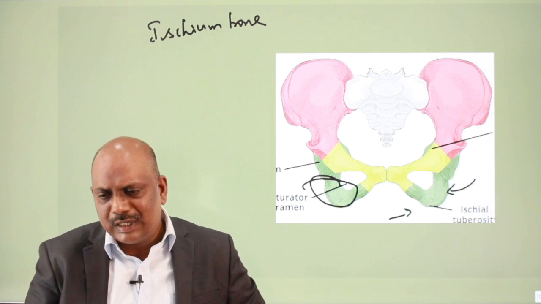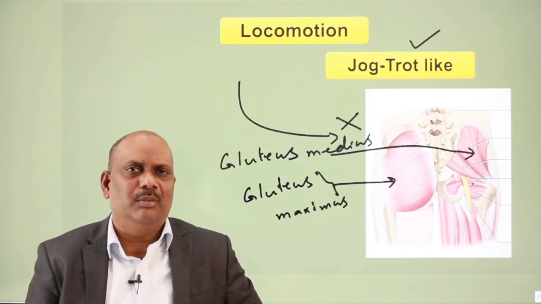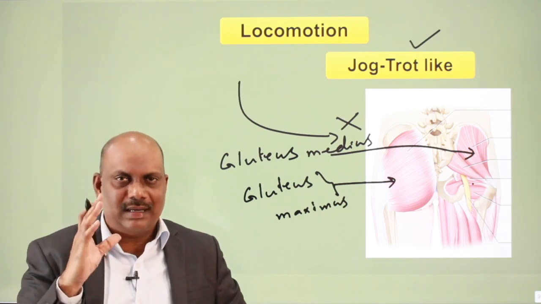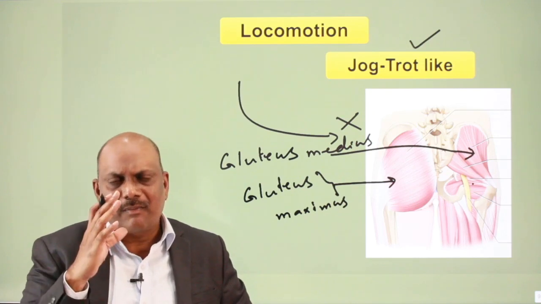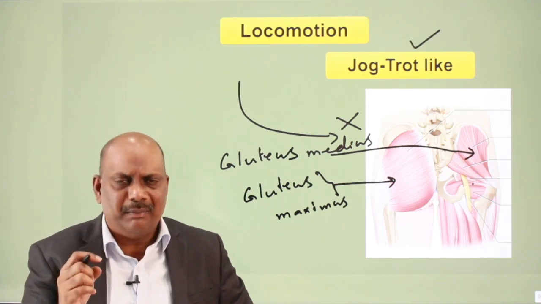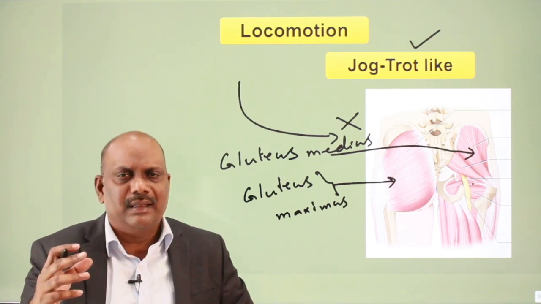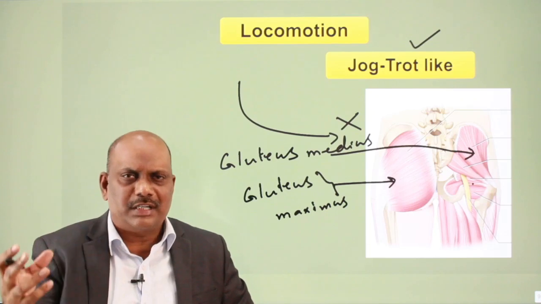As a result, Australopithecus had a jog trot like locomotion. Jog trot means they cannot stand straight and they cannot walk like human beings. They would be standing with bent knees and bent hip. And they cannot walk continuously. They were capable of making only some quick short steps.